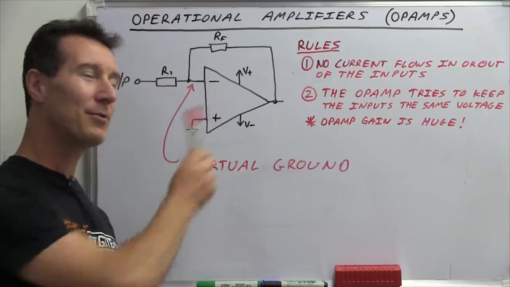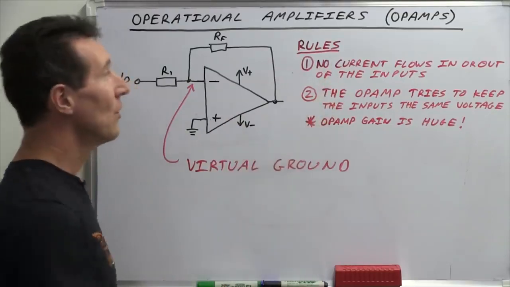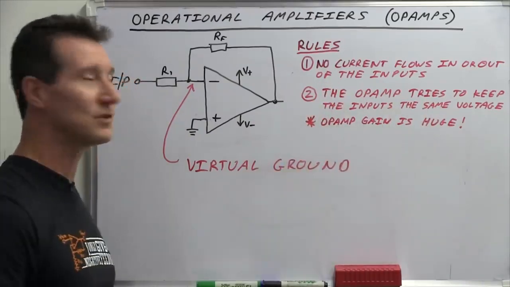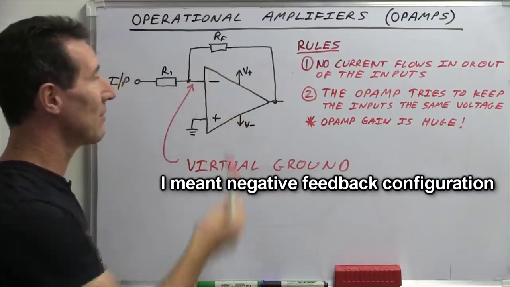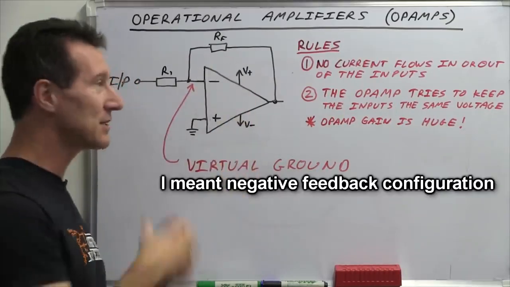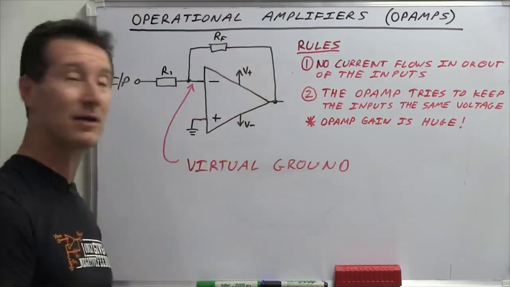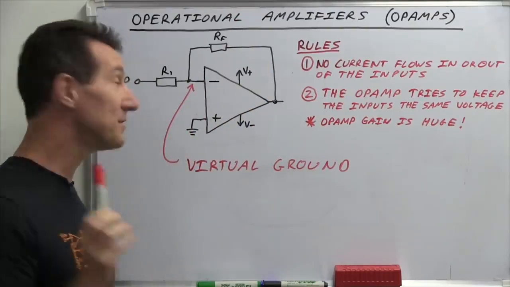So once again, how do we analyze this? Always go back to your 2 rules. What's our second rule here? The op amp tries to keep the input voltages the same. In fact, it will if you've got this non-inverting configuration and you haven't hit the rails yet. So if the amplifier is working normally, within normal bounds of your power supply rail, these 2 inputs will always be the same.